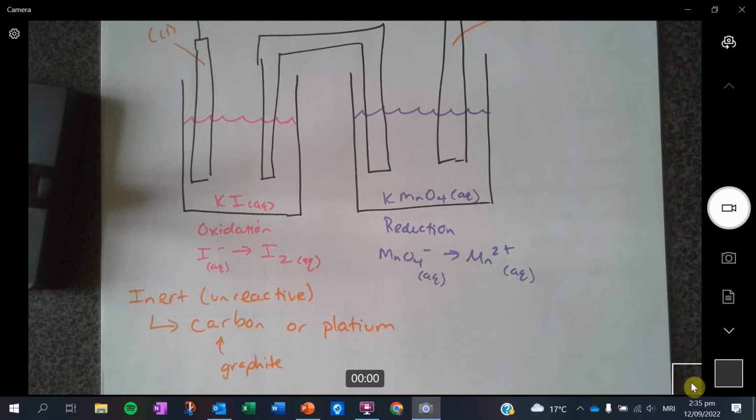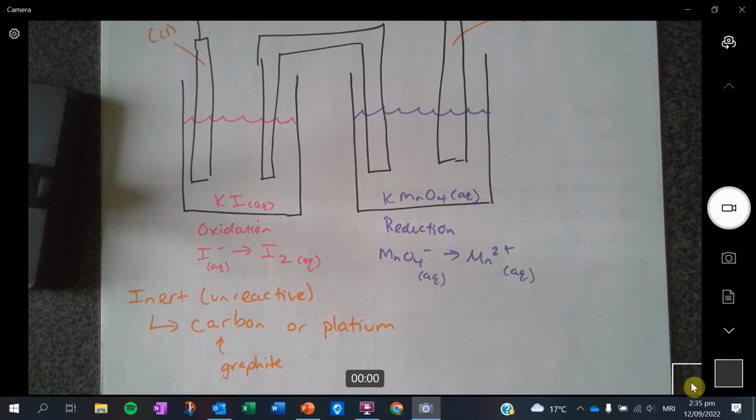So do we see a problem here? There's no solid. And even if there was a solid, like let's say I had solid iodine, would iodine be conductive? No. So you see these are the reasons why we're using an inert electrode. So that's the other reason.